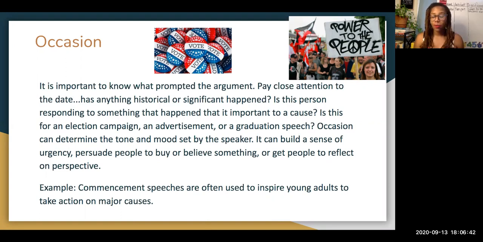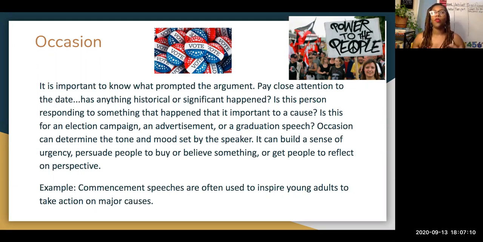Well, 9/11 just passed, but President George Bush's speech on 9/11 happened because of a tragic event. So you really want to be thinking about what prompted our speaker to speak. Is this person responding to something that happened, or is it just an important cause that has been going on for a while, like many of the protests that we're seeing?